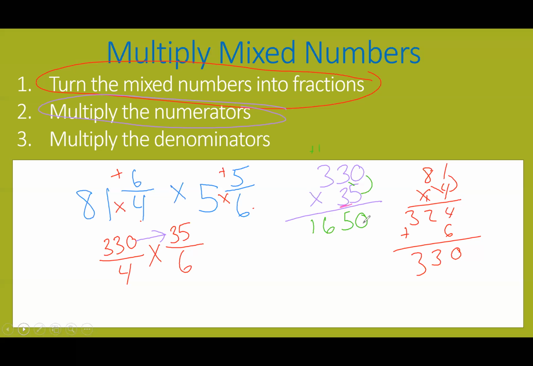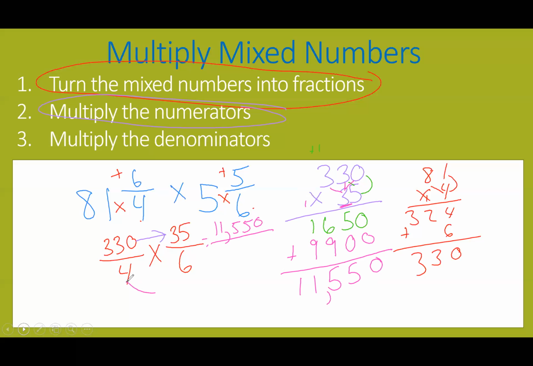Next, I'm in my tens place, put my 0 there. 3 times 0 is 0, 3 times 3 is 9, and 3 times 3 is 9. Make sure I lined them all up right, yes. 0, 5, 15, 11. 11,550, that's a big number.